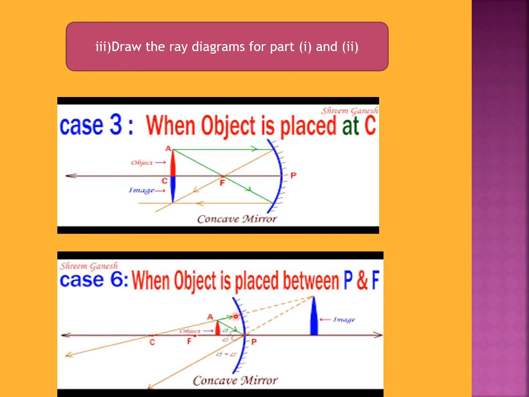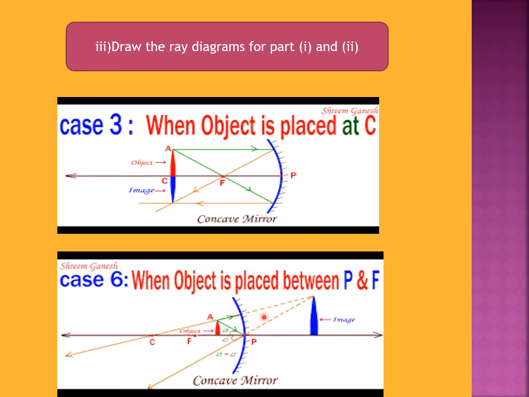So what they've done: one ray they are passing from the center of curvature. It is reflecting along that direction. And then for another they are using angle of incidence equals angle of reflection. Again, this is the incident ray, this is the reflected ray. As you can see, they are not meeting here, they're diverging from each other. In this particular case, we have to produce them backward.